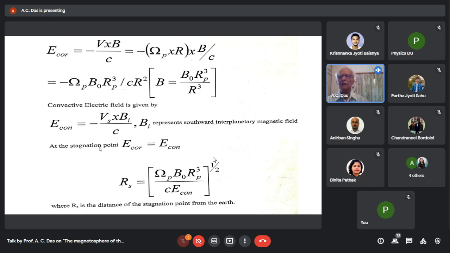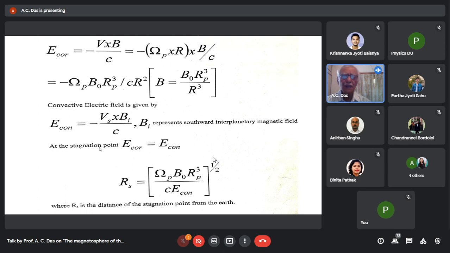And if R is measured in terms of the planet radius, then I divide it by Rp. If you put that in the expression for B in that equation, we'll get the rotational electric field there.